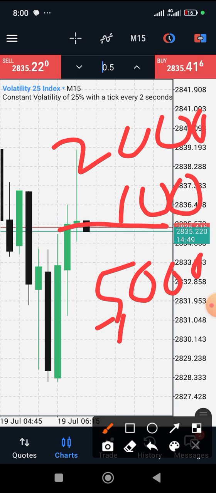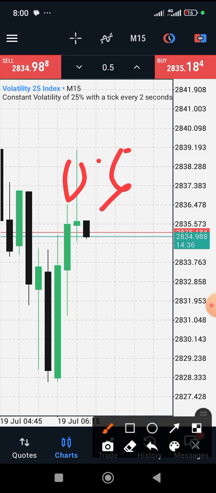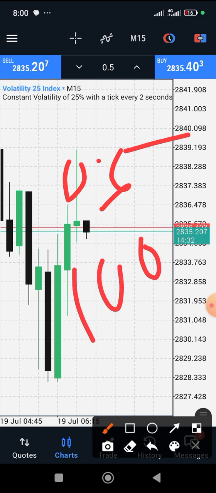So that money you put on the fact that the market will go upwards or come downwards is called lot size, and the lot size you use determines how much you make. So if you are using 0.5 lot size to make $100, and you increase that lot size to 1 lot size, let's say you made $100 from that trade.